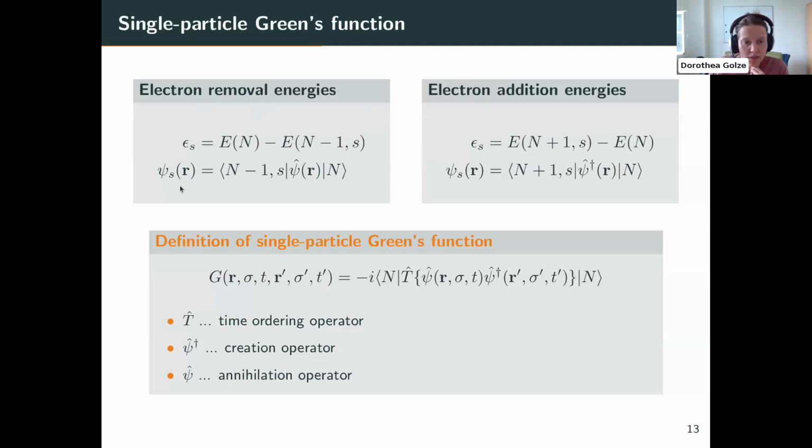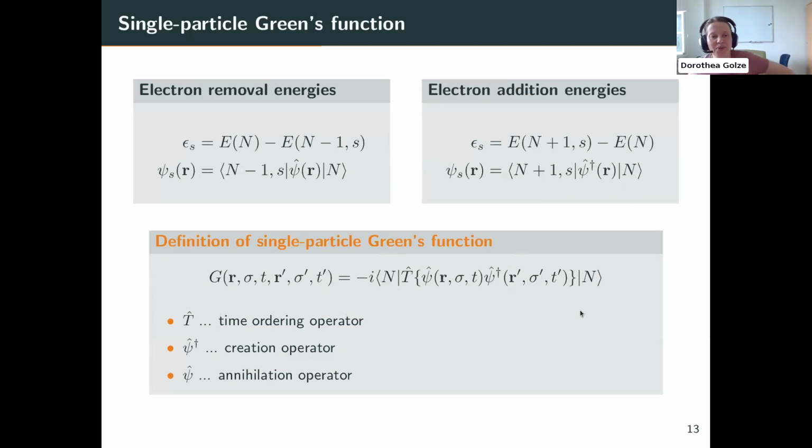Now we also have these transition amplitudes defined in terms of annihilation operators, which remove an electron from the system, or for the addition process, creation operators that add an electron to the system and act here on the many-body ground state, N.